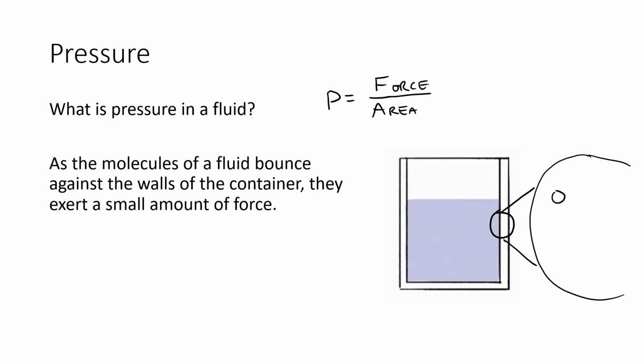All of those individual little molecules, let me make the wall. There's the wall of the container. So all of those individual little molecules of the liquid are going to be randomly hitting the wall of the container. So maybe that one comes in, bounces off that way.